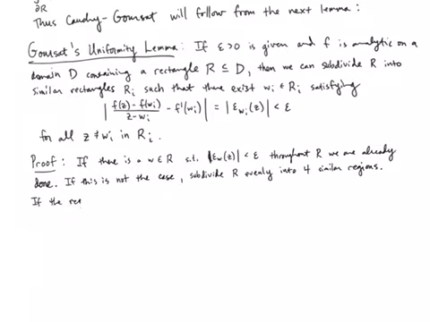If the required w exists in one of these regions, great. Don't subdivide anymore.